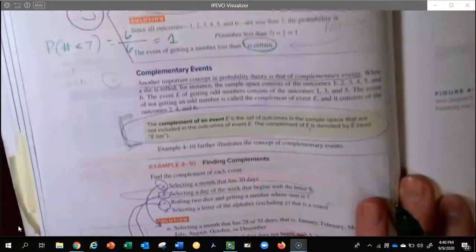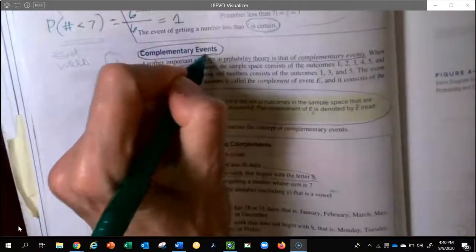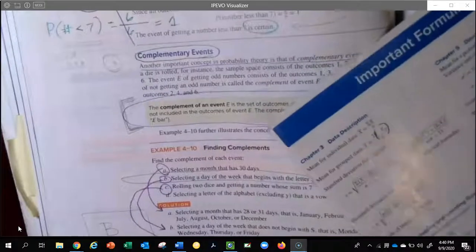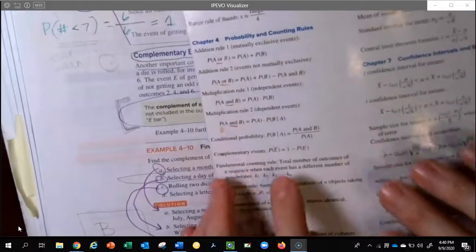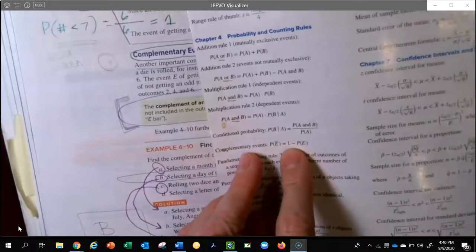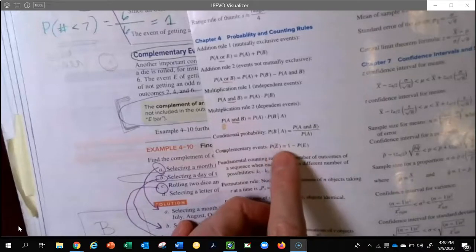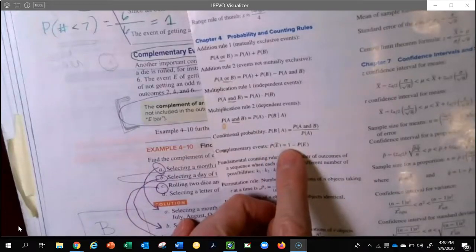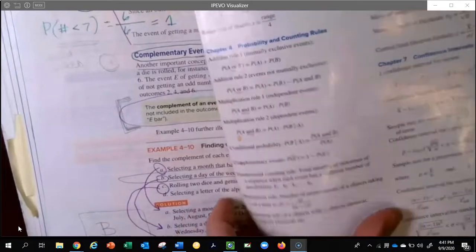We then go down to this next part talking about complementary. I haven't mentioned your formula card, but I do want to pull up the formula card and notice that we're in Chapter 4. And in Chapter 4, it is on your formula card. It's got a P and an E with a bar on top of it, and then it says 1. Remember certainty? Minus P of E without the bar on top of it.